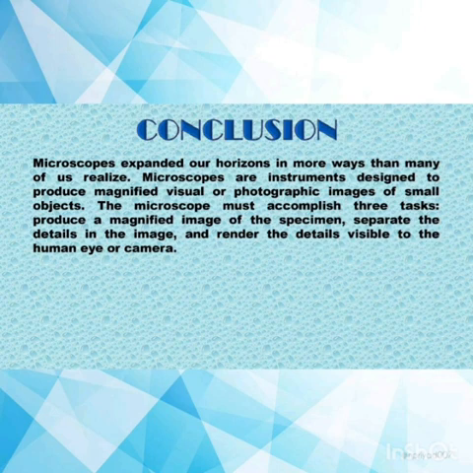The microscope must accomplish three tasks: produce a magnified image of the specimen, separate the details in the image, and render the details visible to the human eye or camera. And for these, we have to understand the basic terminologies, that is magnification, resolution, numerical aperture, angular aperture, microscope working distance, and also the focal length and focal point.